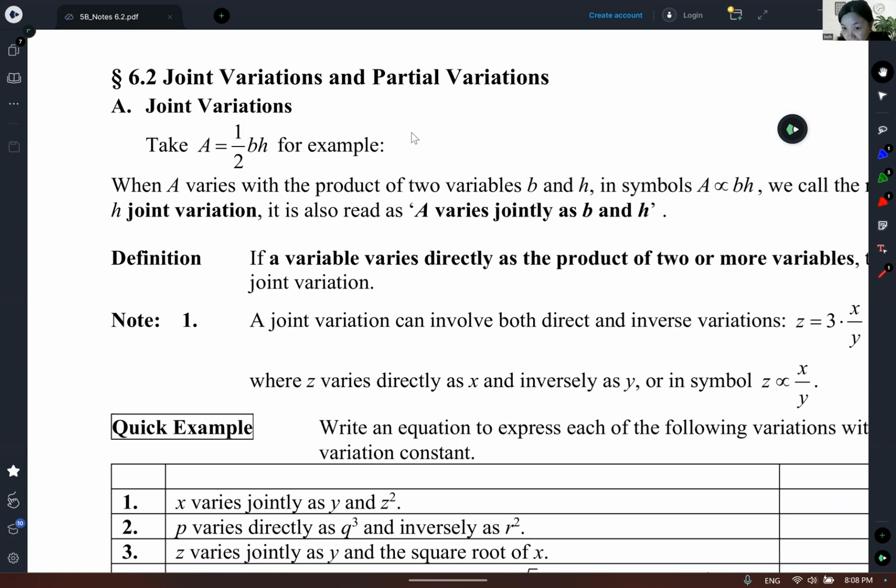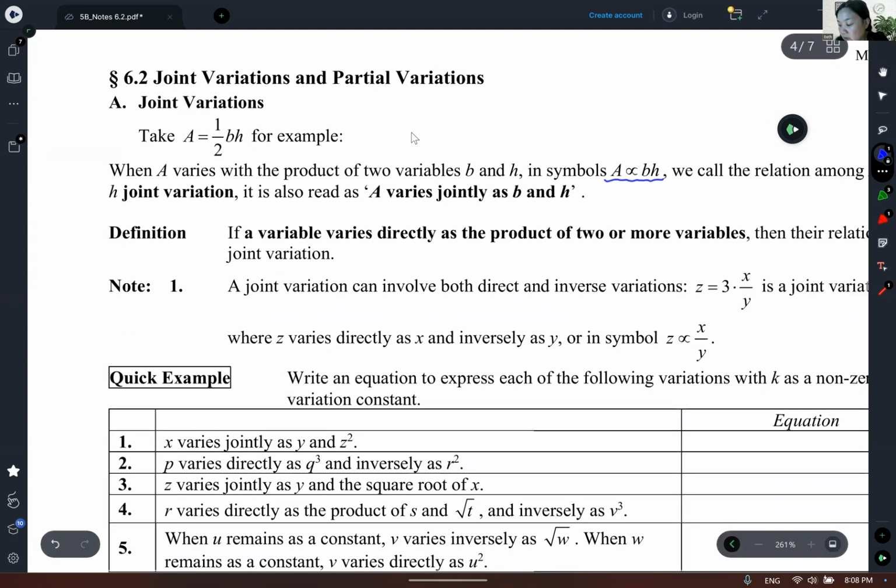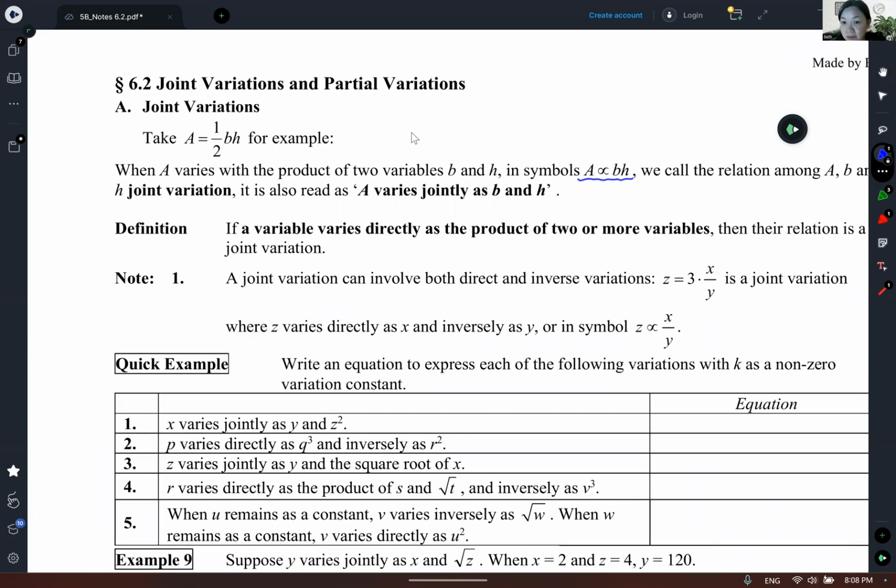And we can say that in this case, variable A varies with the product of two other variables, B and H. In simple terms, we can describe the relation as A varies directly as B times H. We call this relation among A, B, and H a joint variation. We can also say that A varies jointly as B and H.